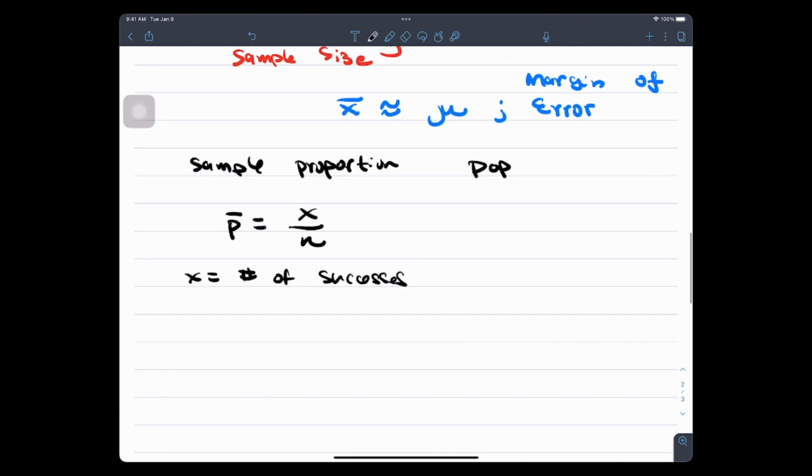I'm going to change this to true proportion. p is x over what?